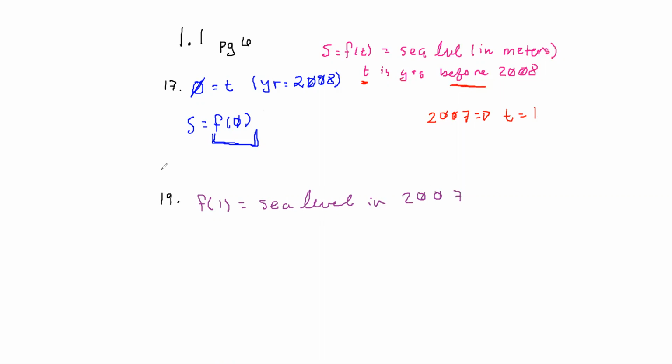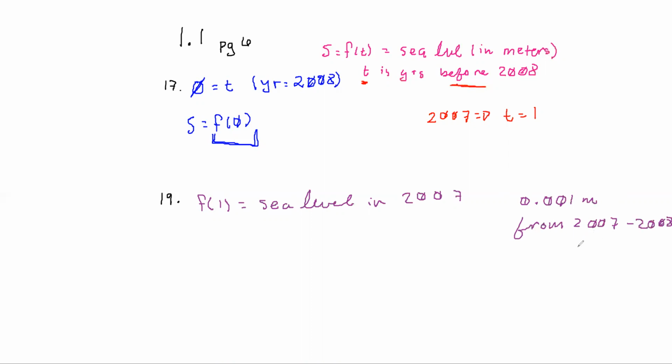Because we're not just trying to say what is the sea level in 2007, we're also trying to communicate that between 2007 and 2008, there was a difference of 1 millimeter. So 1 millimeter is going to be 0.001 meters, from 2007 to 2008.